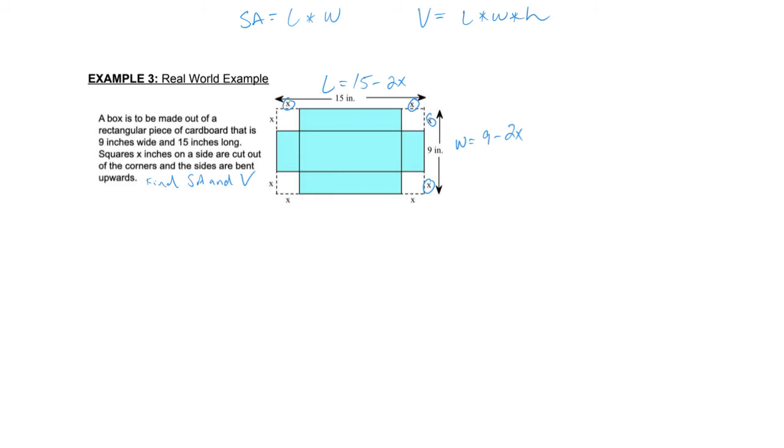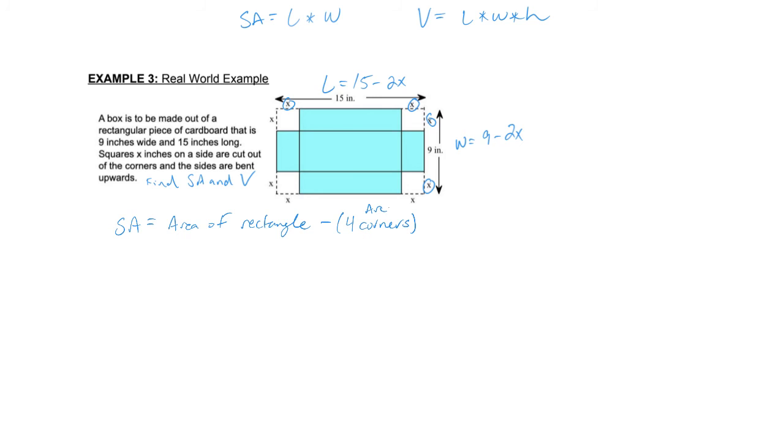Now when finding the surface area, right, the surface area is essentially that whole rectangle. Okay, so surface area would be just the area of the rectangle minus the four corners, right?